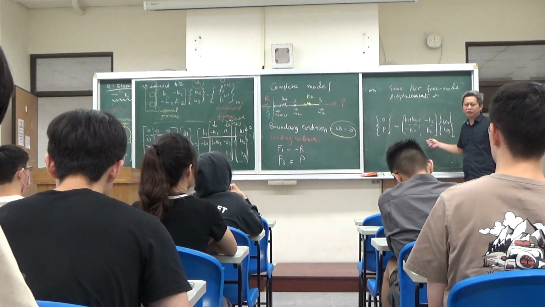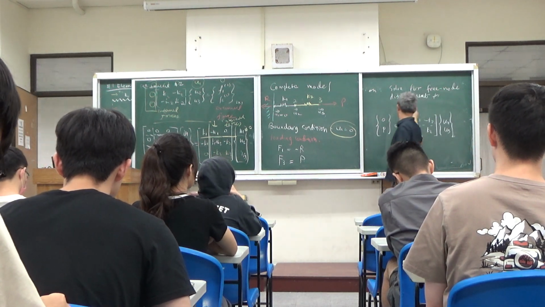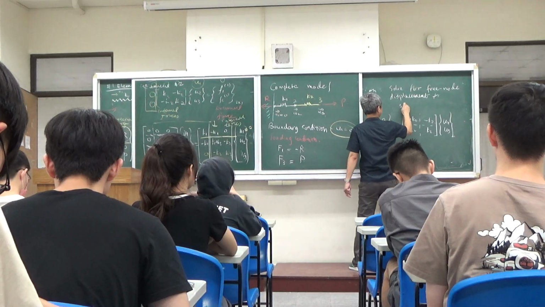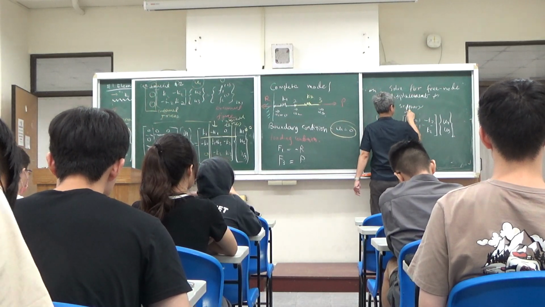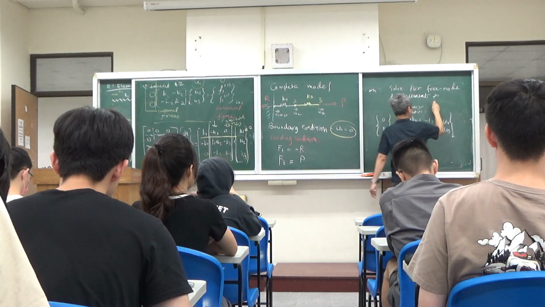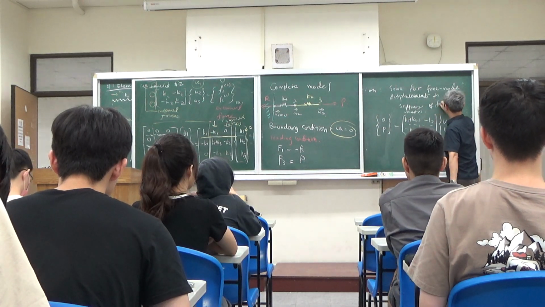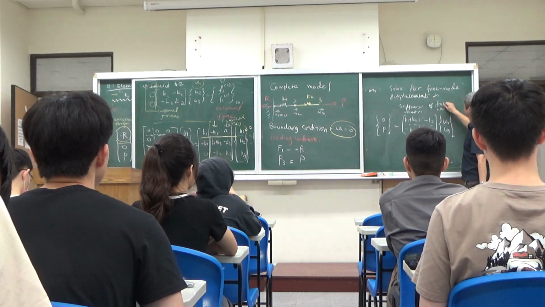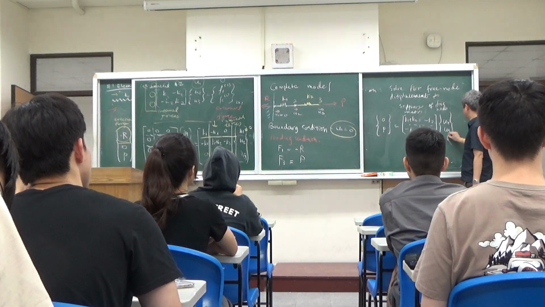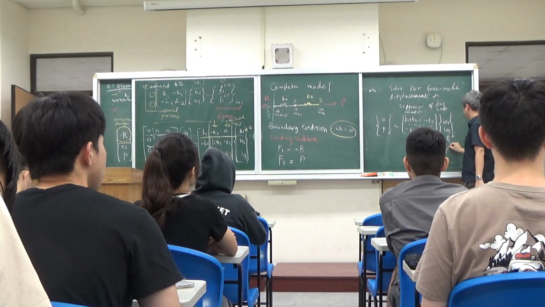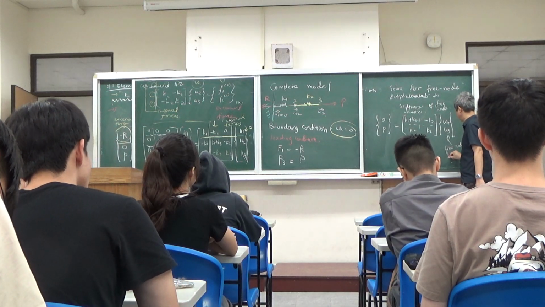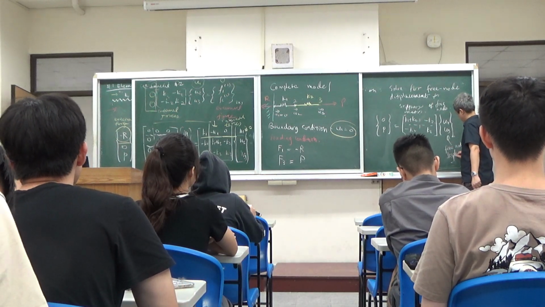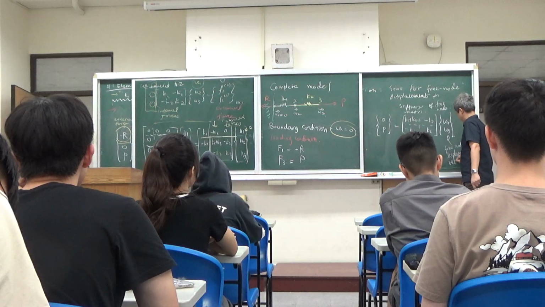This is now the, how to read it? This is the stiffness matrix of free nodes. Okay, then this is the free nodes displacement vector.